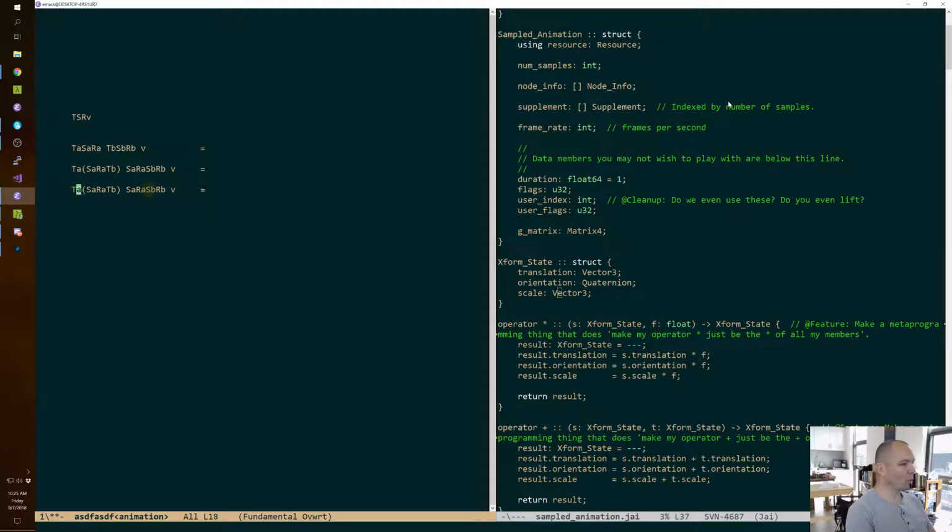So we want to, for example, you could think about this either way, but if we replace SB with some SB prime, then we get this SB on the other side of RA, and now we have rotations living together, scales living together, and translations living together, which gives us one of those new X-form state structures, right?